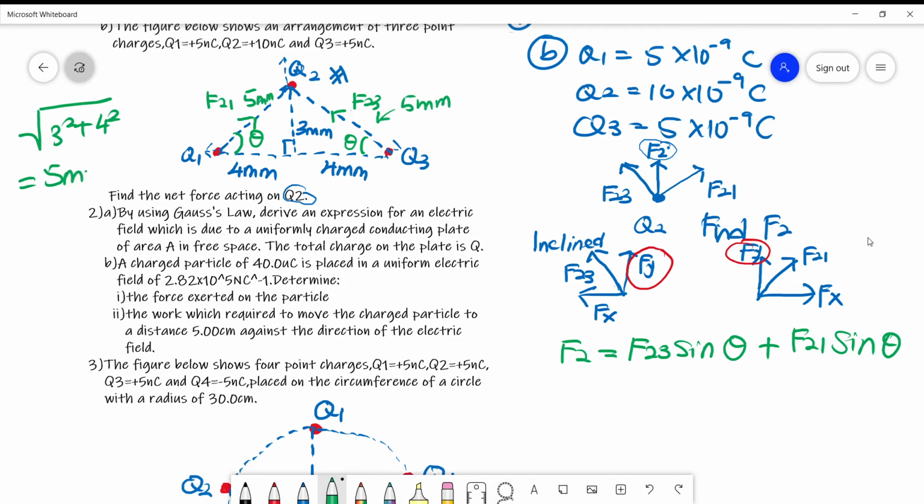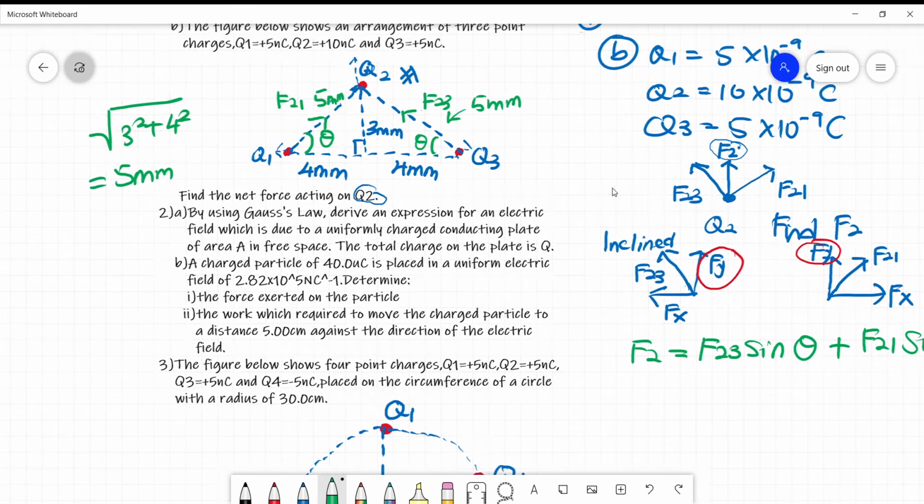Okay, so we know that sine theta is equal to opposite divided by hypotenuse, which is 3/5.